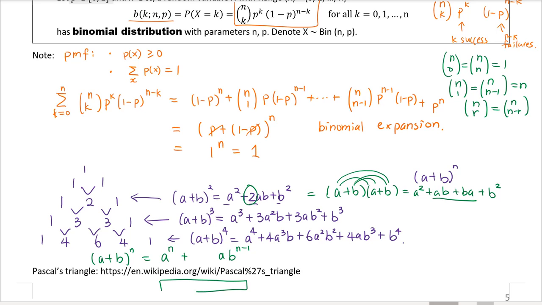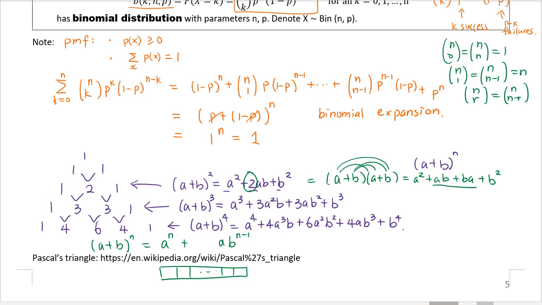You can imagine we have n boxes, and we want to pick one of them to fill with the a. So we have n boxes, and we choose one to fill with the a. In this example, because we have 2 boxes, we want to pick one of them to fill with the a.